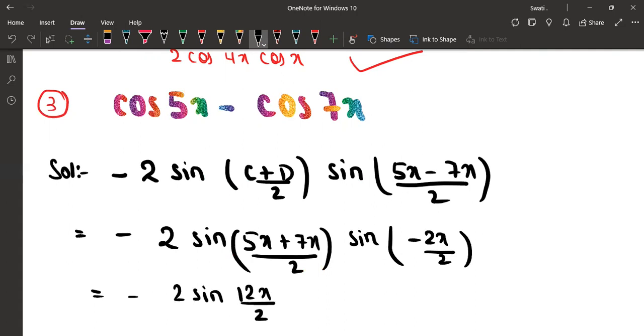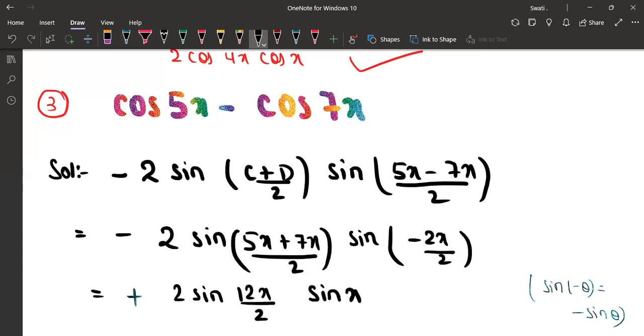And we know the formula that we are going to use here: sine of minus theta is actually minus sine theta. So if I take this minus sign outside, and here we already have a minus sign, minus and minus will become plus. And now sine of 2x divided by 2 is just sine x.